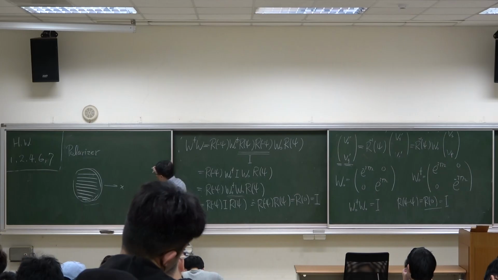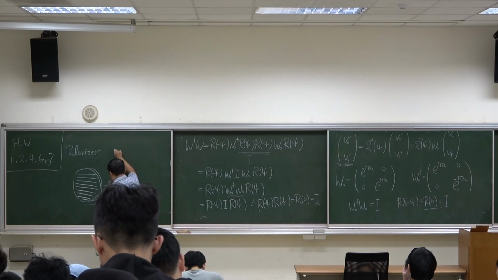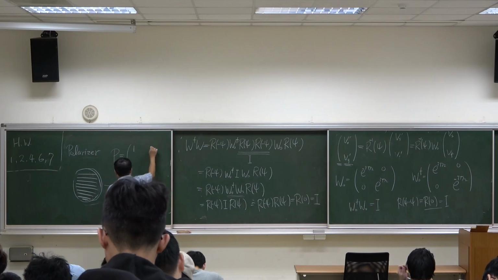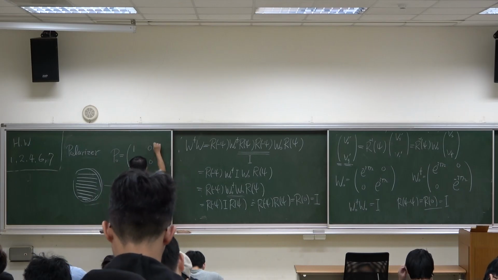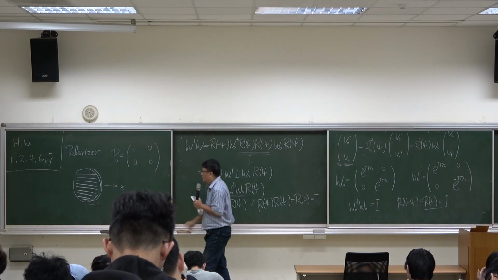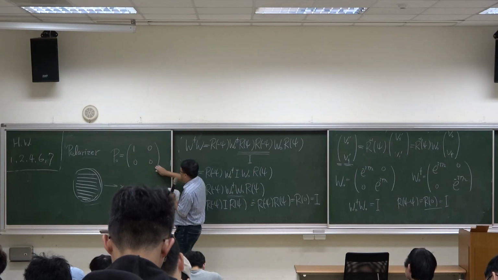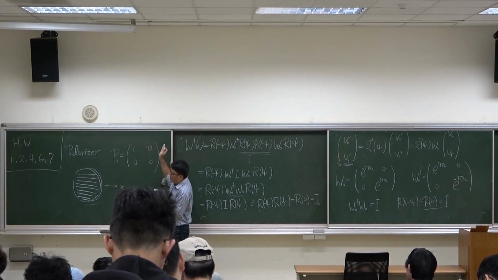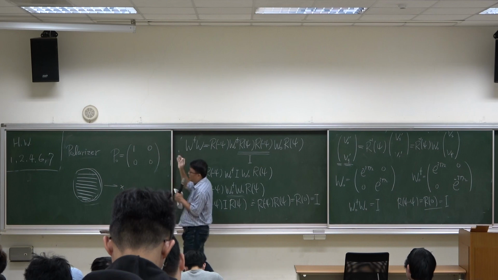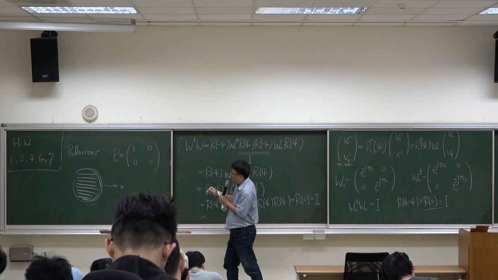Then we can express the polarizer as this. Here, the first component means the x component. The second component means the y component.